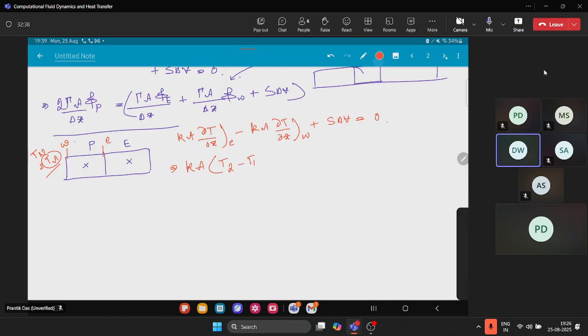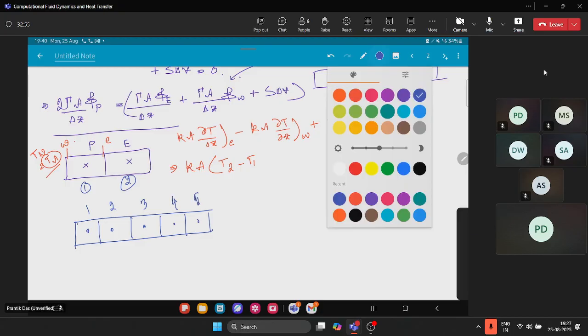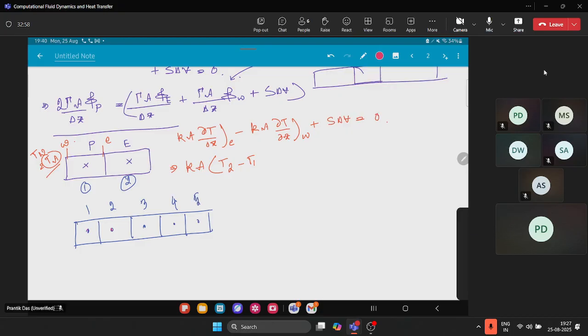So if this one is 2 and this one is 1, since if I draw the cells like this: 1, 2, 3, 4, 5. So (T2 minus T1) divided by delta X, minus Ka (T1 minus Ta) divided by delta X by 2, plus S delta V equal to 0.